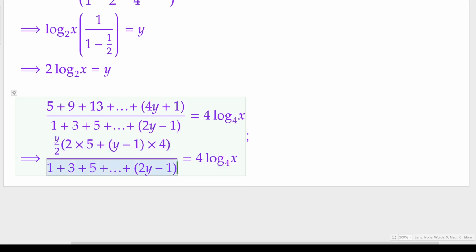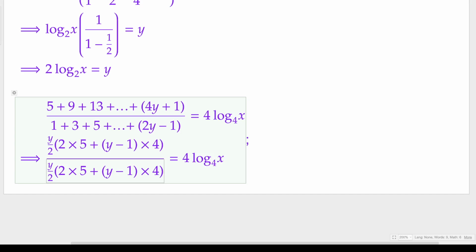Similarly, in the denominator as well, this would be y over 2, the first term is 1, and y minus 1 times the common difference, which is 2. And this 4 can be written as 2 squared, and here 4 as it is. In the next step, I'll be resolving this one as well.